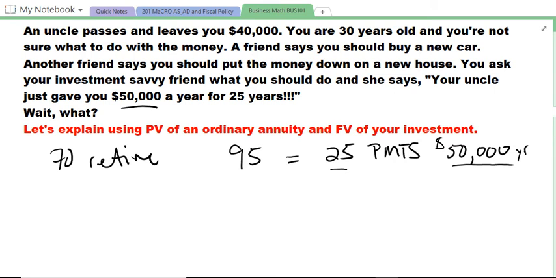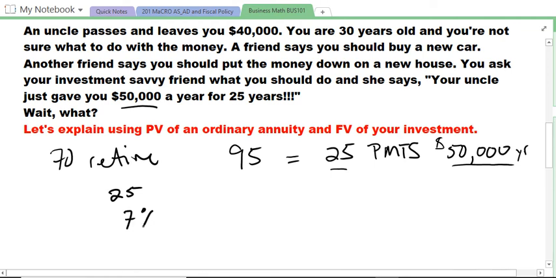So what's the amount of money that I need to have if it's earning, right? And we assume, okay, 25 years, and we're going to put it into an account that's going to earn 7%. All right? So 25 years is the periods. And the rate is 7%.